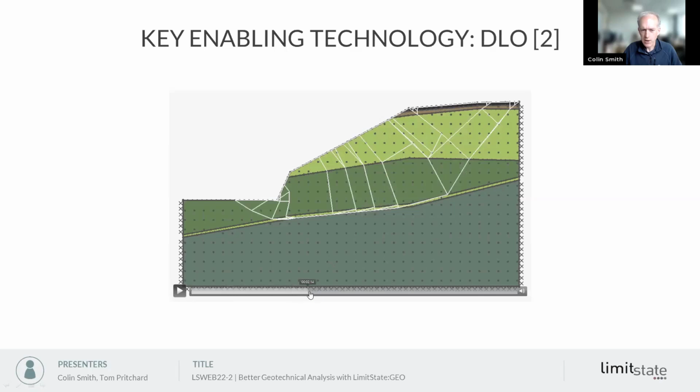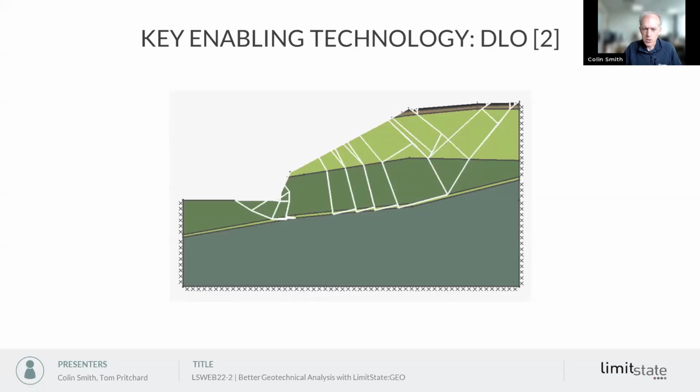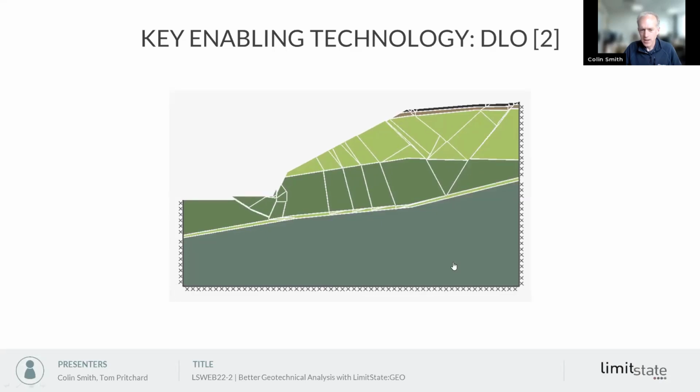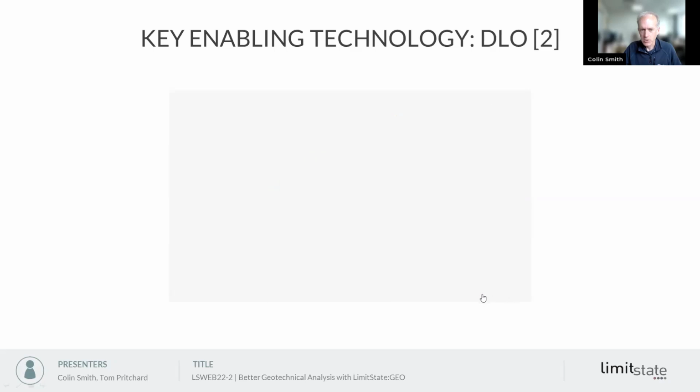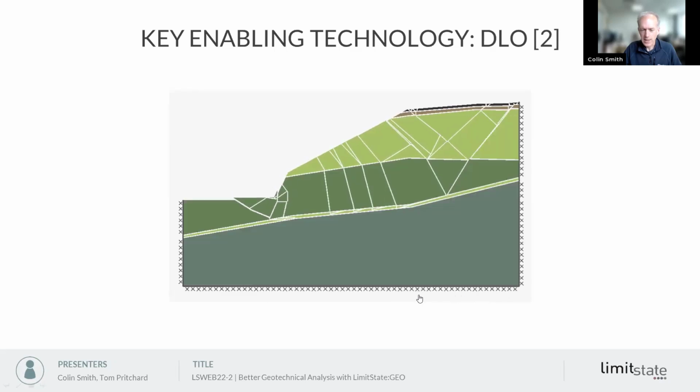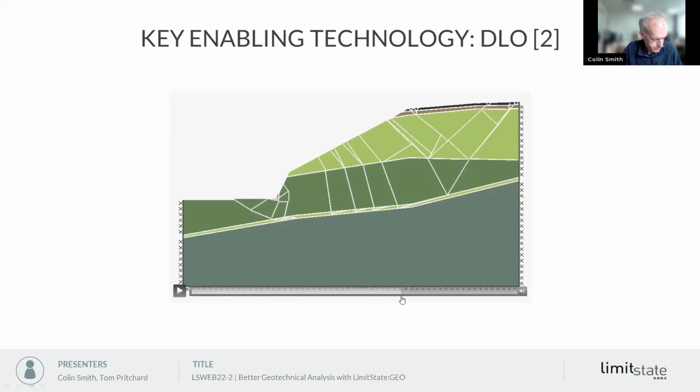And then once it's found the optimal mechanism, it essentially stitches all those slip lines together to form blocks and can animate it to aid interpretation. As you can see, we've got the animation there. That helps us understand just what is happening in that particular failure mode.